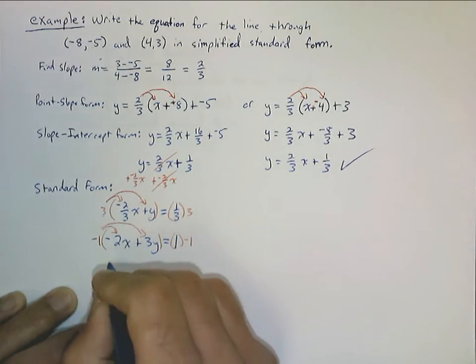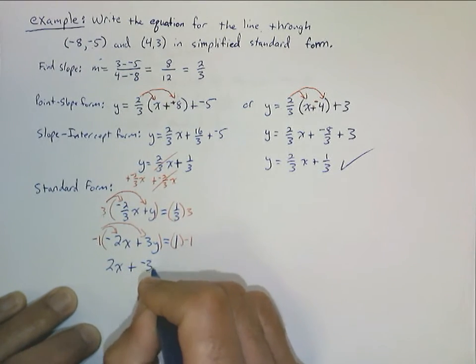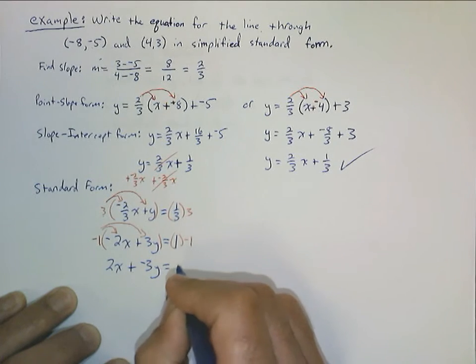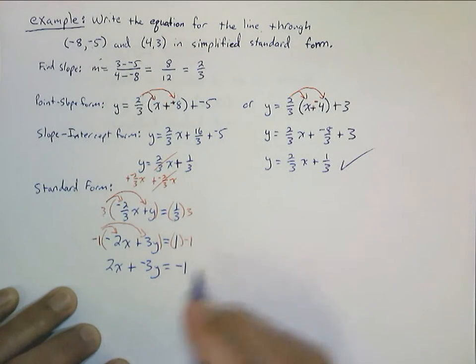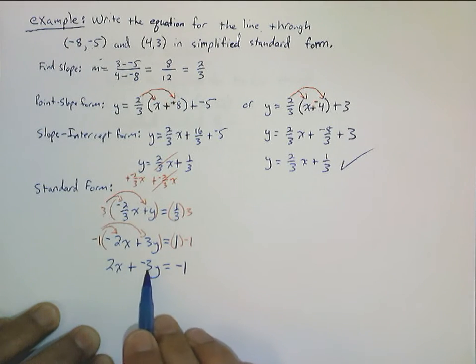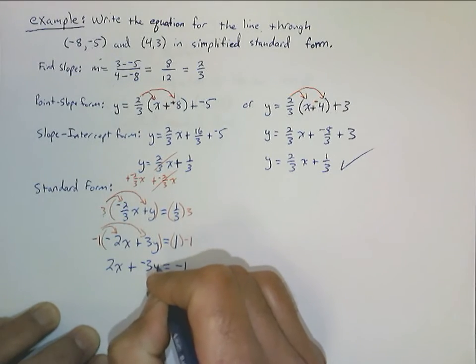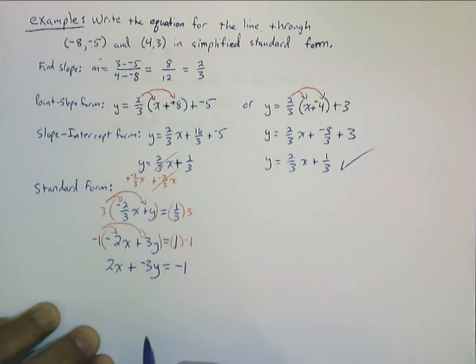So -1 times -2x is just 2x. -1 times 3y would be -3y, and that equals -1. Now the coefficient of x is positive, and notice here 2, -3, and -1 don't have any common factors other than 1, so this is now in simplified standard form.